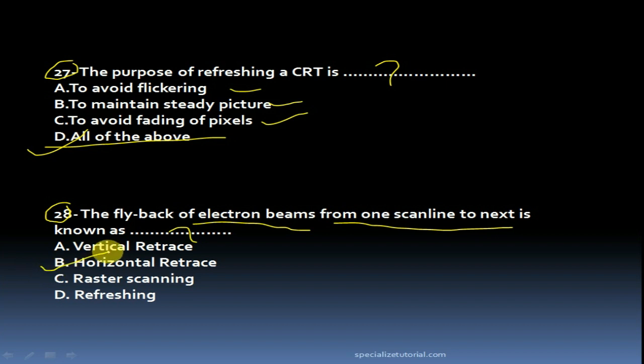What is horizontal retrace? In a raster scan display, an electron beam returns to the left of the screen after refreshing each scan line, and it is called a horizontal retrace of the electron beam.